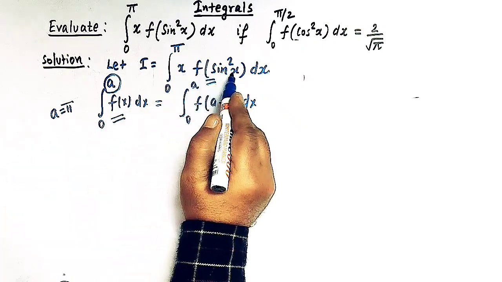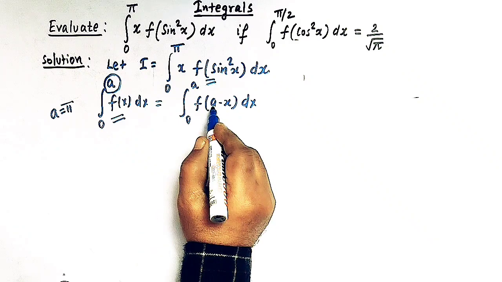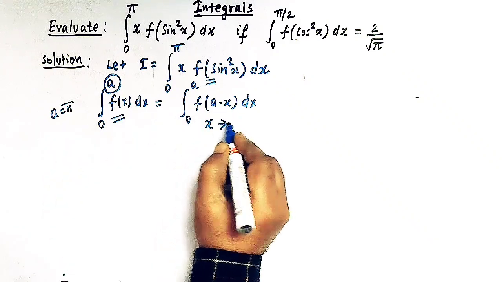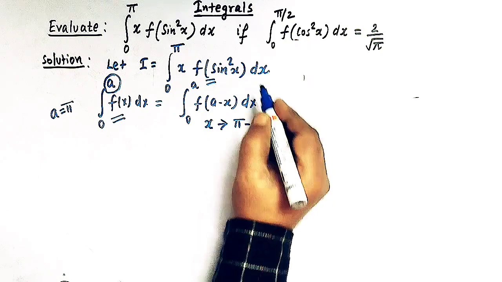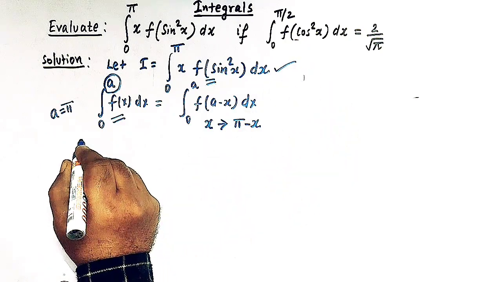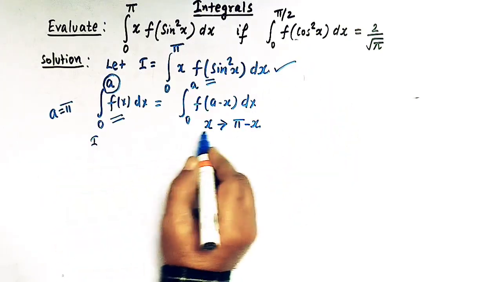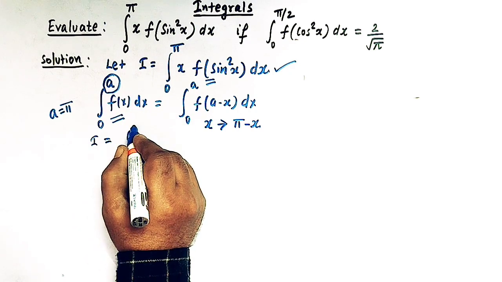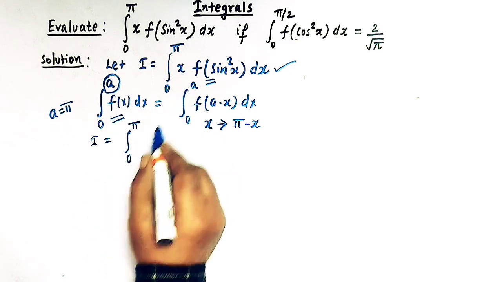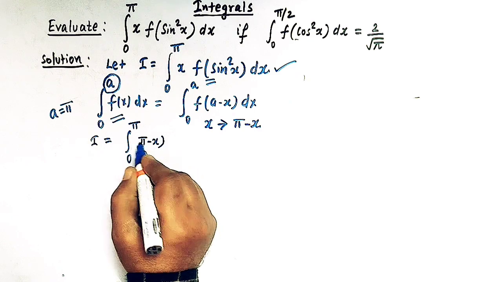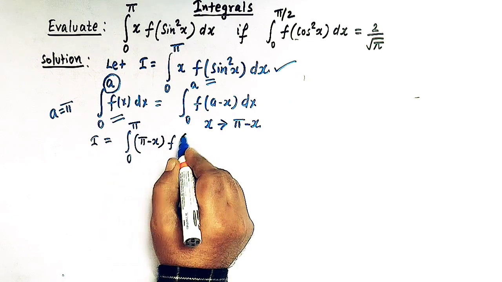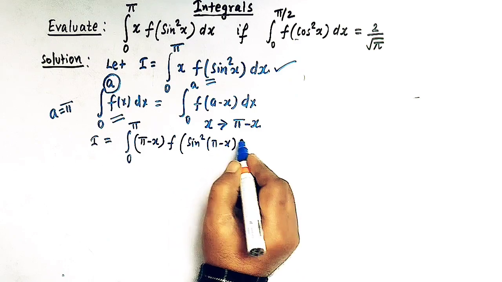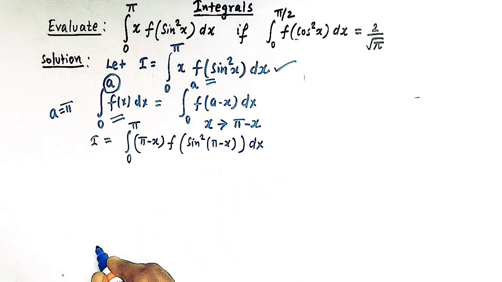So let us replace x by a minus x, and a is pi, so let us replace x by pi minus x in this integral. So we have now I is equal to the integral from 0 to pi, and this x is pi minus x, and then we have f of sine square of pi minus x, and here we have dx, right?